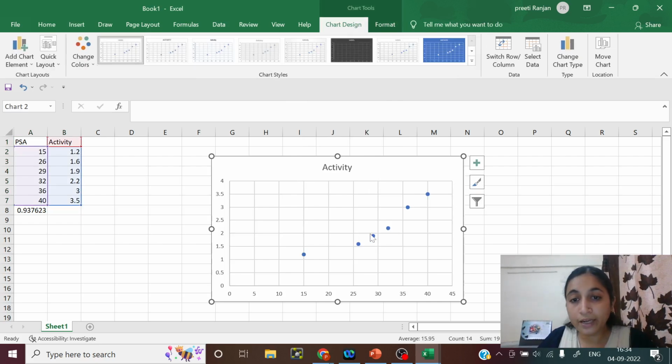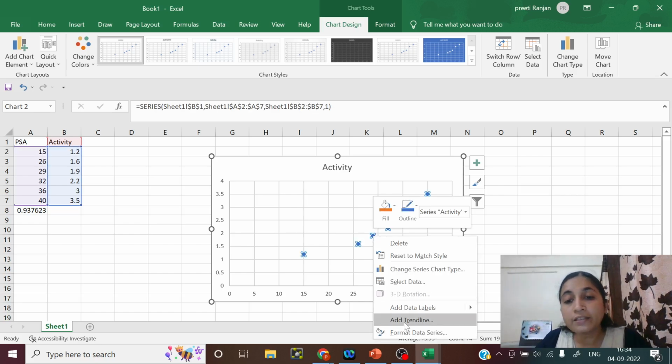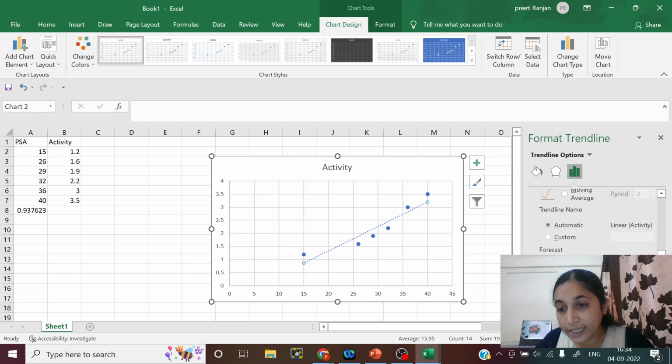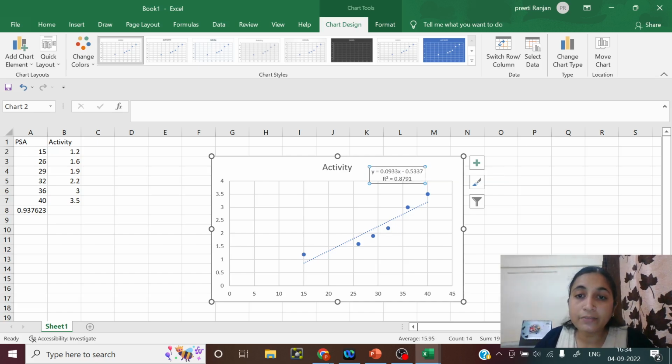So this graph will come and now we will click on any value of this. Then we will add a trend line. In trend line, we will select display equation on chart and display R square value on chart. So all these things came. And we all know y equal to mx plus c, right? So this m is always slope. So slope of this equation is 0.093.